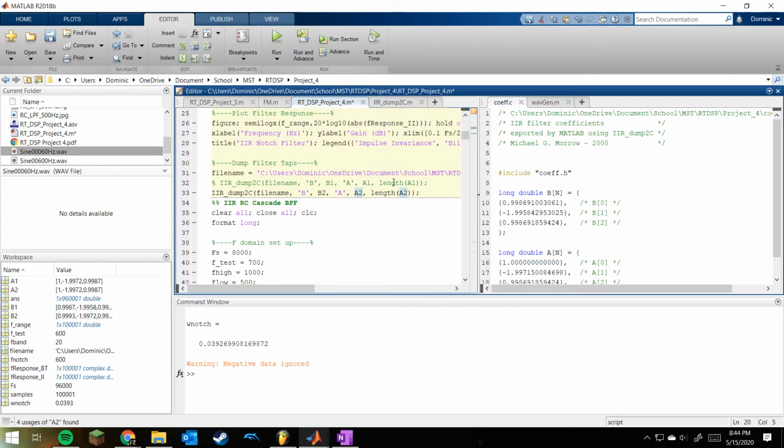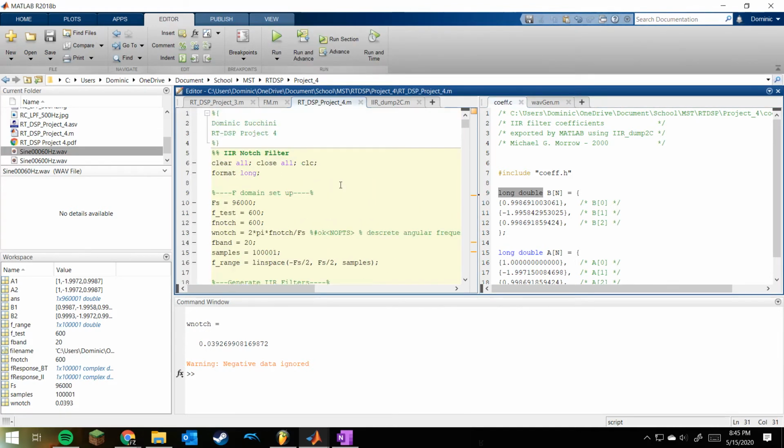Something you'll see later is why I decided to use pause. This music, it's distracting me. Later on, I'll explain why we have the data type long double here instead of float. I'll go in depth with that, but right now I can just say that it helps a lot to have that there.